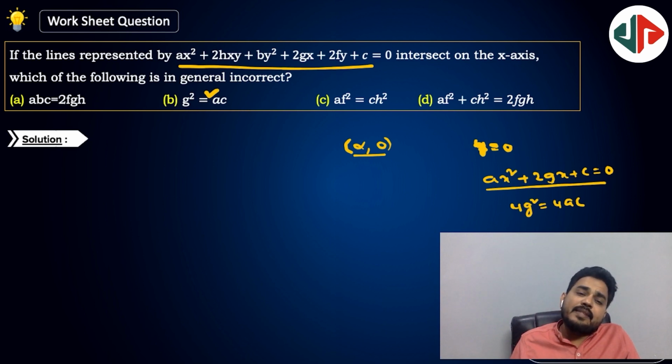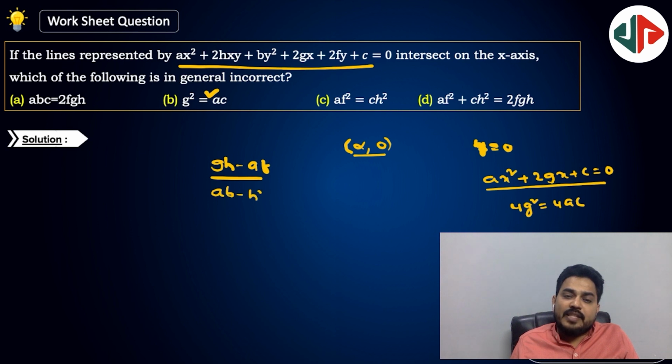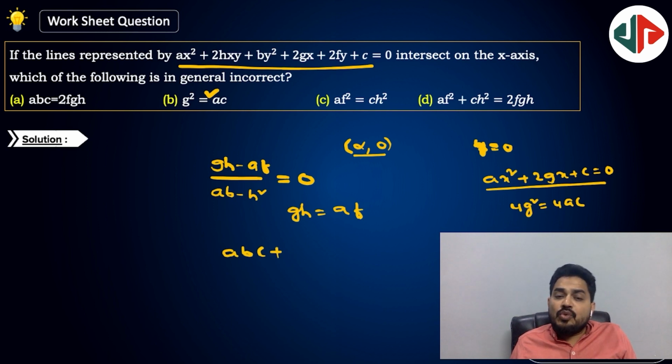Next one is the point represented on x-axis. So (hf minus bg) by (ab minus h square), (gh minus af) by (ab minus h square). This is the Y value, should be equal to 0. So gh is equal to af. And what is the delta value? ABC plus 2FGH is 2AF square.